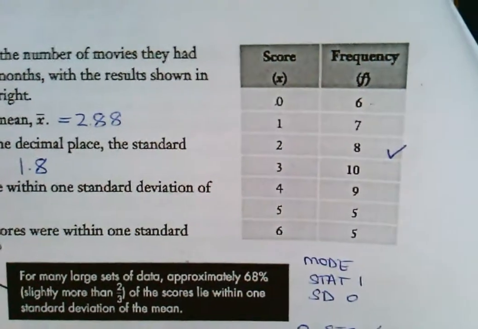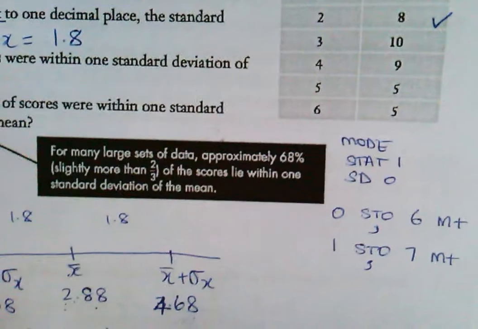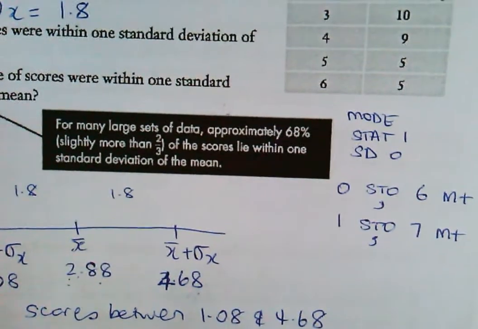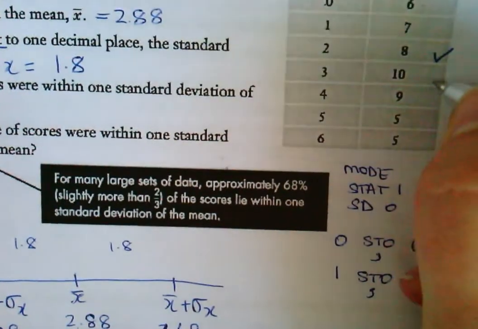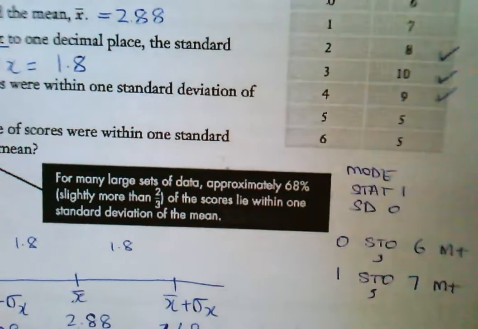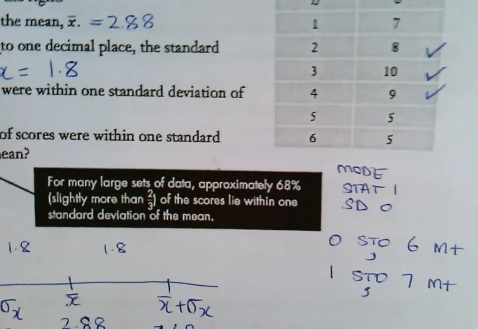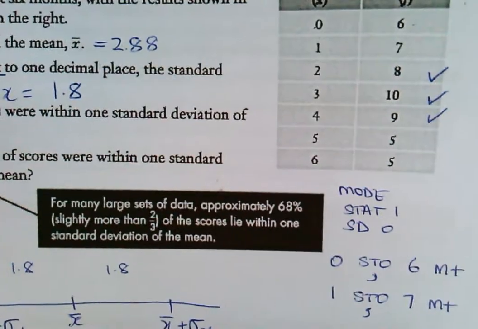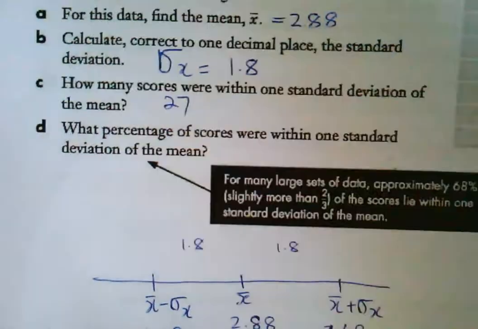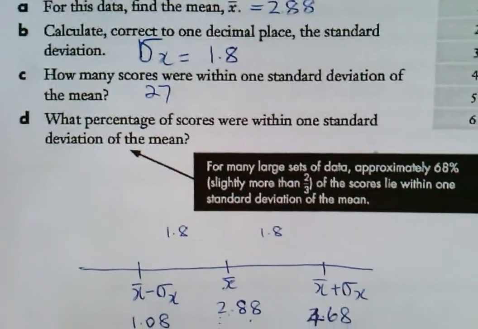Do you get it? I'm looking for the scores between 1.08 and 4.68. So I've got 2, I've got 3, and I've got 4. How many scores there? I've got 18 and 9, 27 scores. Okay, 27 scores. So I've got 27 scores within one standard deviation of the mean.